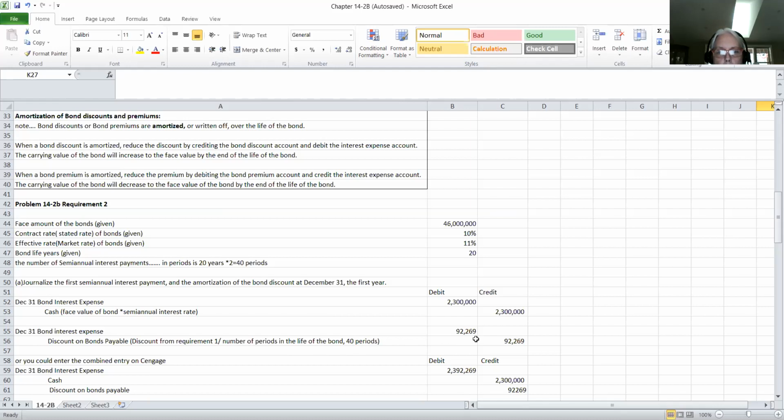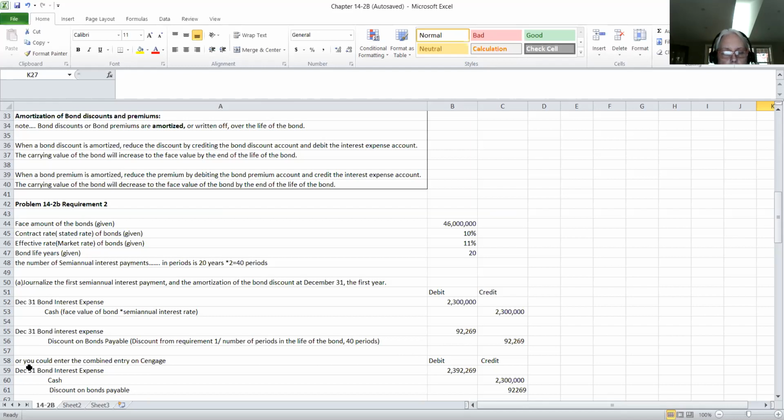So one period is equal to $92,269. Our discount on bonds payable is going to be credited to reduce the bonds payable account by $92,269, and we will debit our bond interest expense.